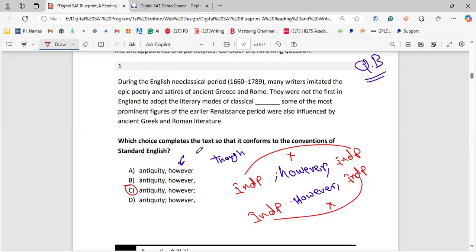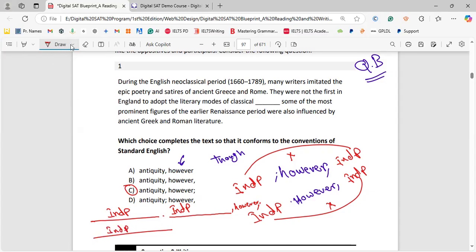In those three sentences, we have an independent clause, then a full stop, then another independent clause. Okay? And the second independent clause ends with "however," then a full stop or semicolon, whatever you want, and a third independent clause.